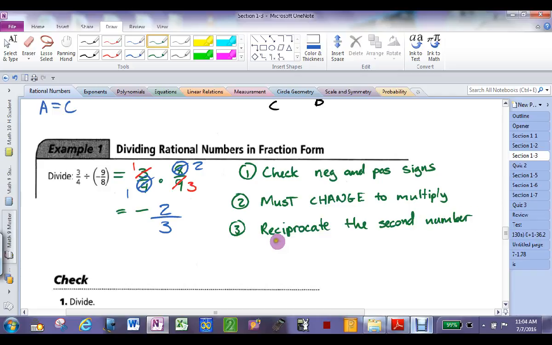Now, what does reciprocate mean in English? Flip. Everybody with me? And it's only the second number that we flip.